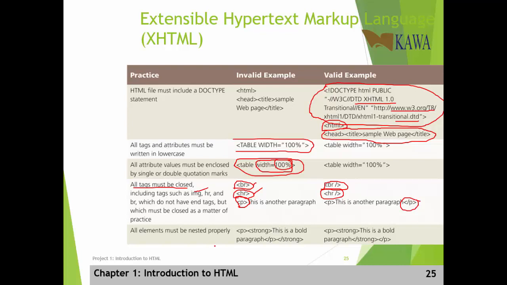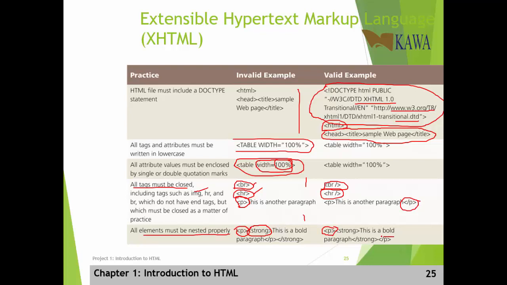All elements must be nested properly. So if you have a paragraph, for example, and inside the paragraph you want to write something with emphasis that is strong so someone can see it, you have to go inside it and close it. But you can see this is invalid. All these here are invalid. So you must approach it like this.